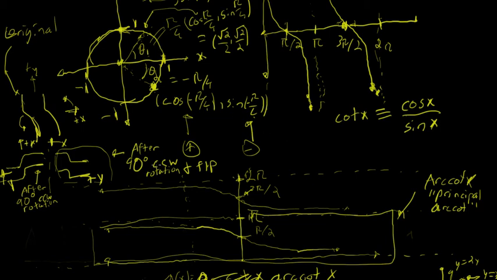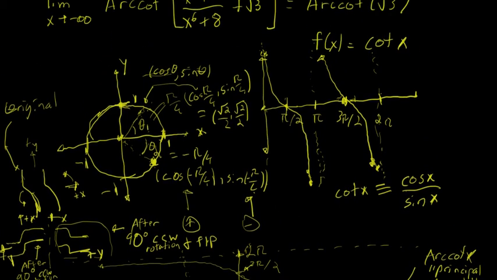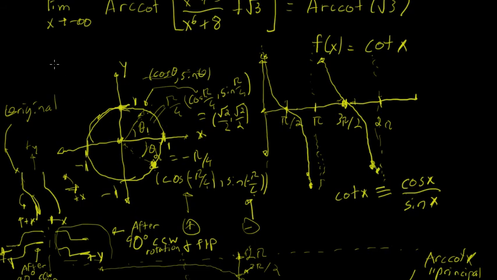And this is because, we'll just go up here, imagine this is the positive x-axis of the unit circle, and this is theta equals pi over 6, or 30 degrees. Well, cosine of pi over 6 is the square root of 3 over 2. And sine of pi over 6 is 1/2.